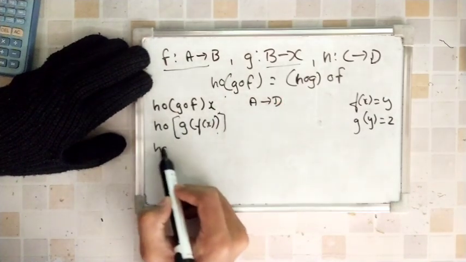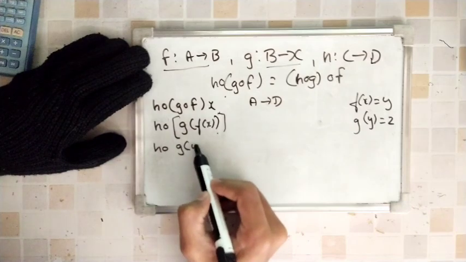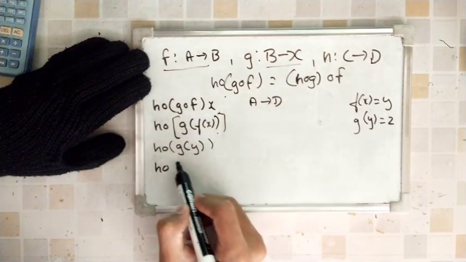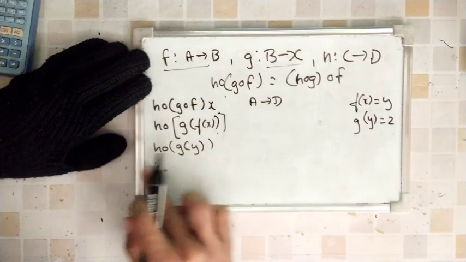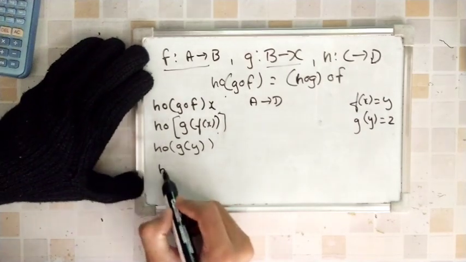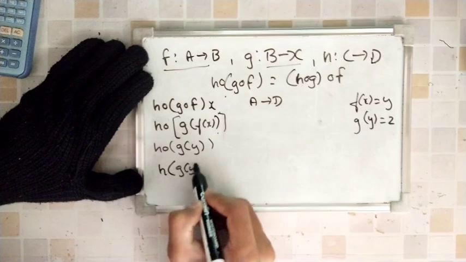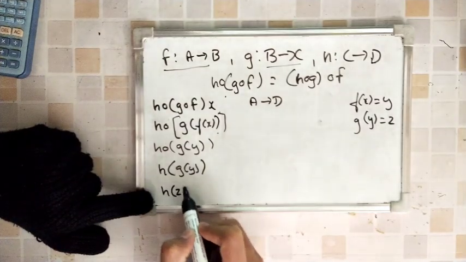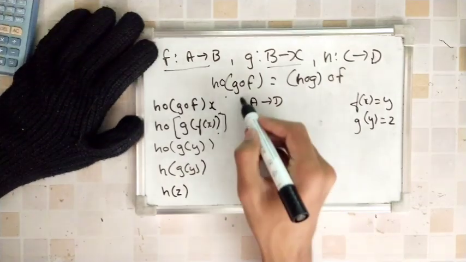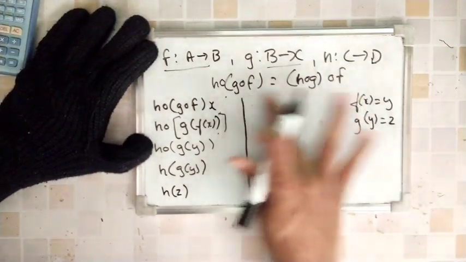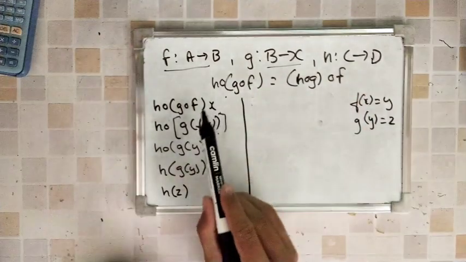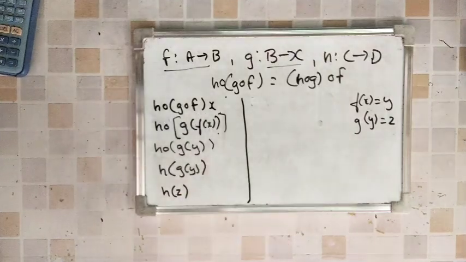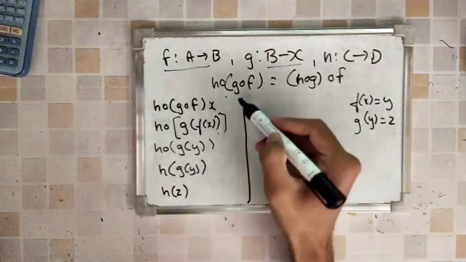This will become h composition g of y. Then I am considering g of y as z, so h composition g of y is nothing but h into g of y. Then I am considering this h of z. Okay, this is one part. How I am considering this, see, it is one property, this comes under the functions part, that property it is.